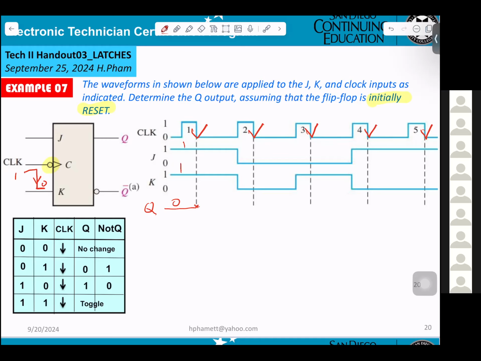Toggle means it was 0, now it goes to 1. And the next clock, J is 0, K is 0. No change. They were 1, they still stay 1.